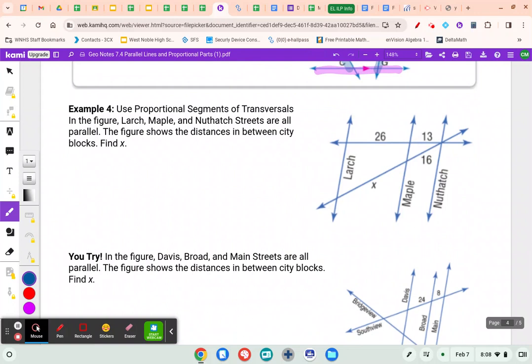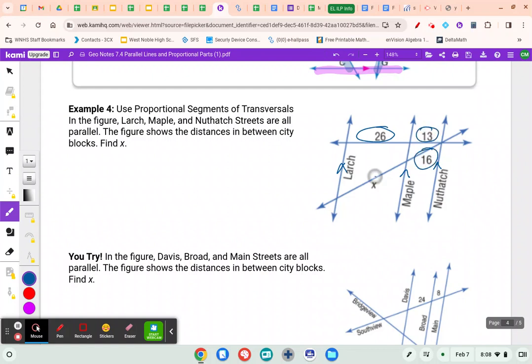In the figure, we have Larch, Maple, and Nuthatch streets. They are all parallel. So it's probably a good idea to go ahead and mark these as parallel. The figure shows the distance in between city blocks. So you have, I don't know what units, 26 yards, 13 yards, doesn't really matter.